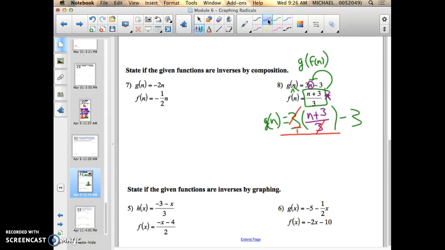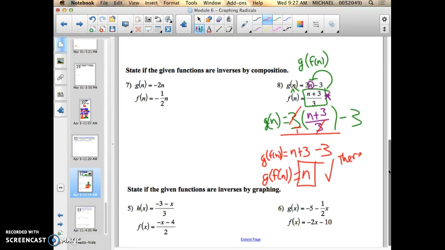So now I'm left with n plus 3, so g of f of n, that's the new notation because I'm composing one into the other, equals n plus 3 minus 3. And then finally, 3 minus 3 becomes 0, so my composition of g of f of n equals the variable n.